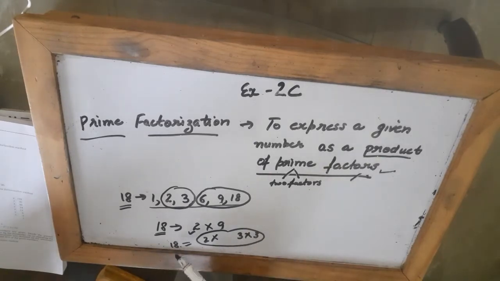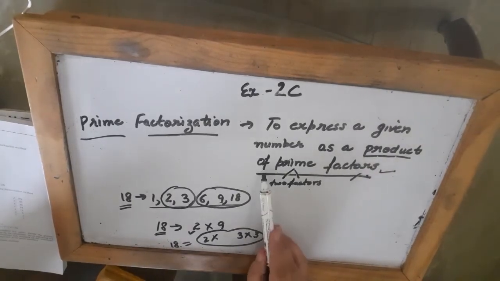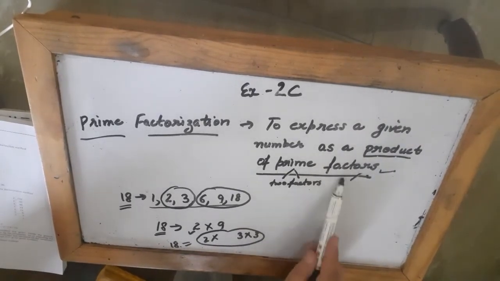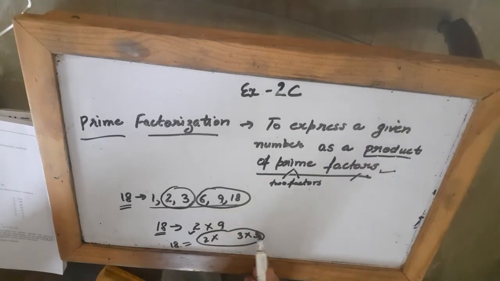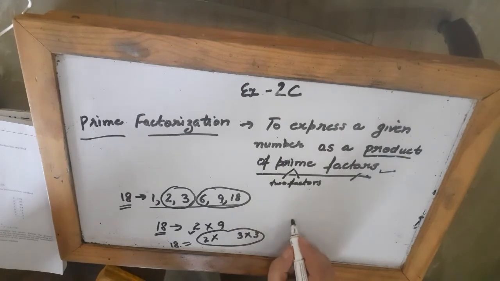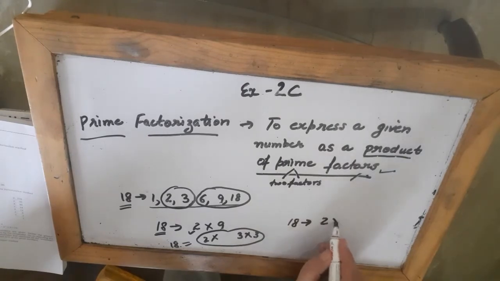So I have written 18 as a product of its prime factors. So what are the prime factors of 18? It's 2 into 3 into 3.